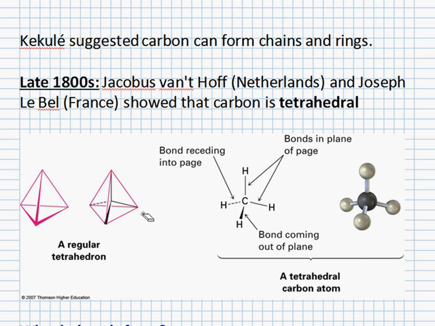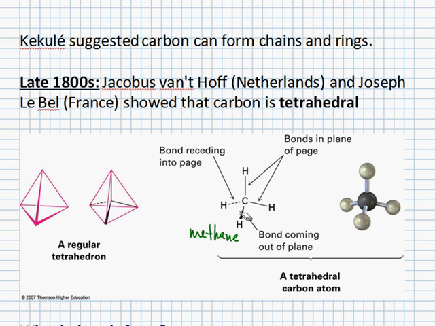The structure of methane, CH4, is actually tetrahedral. And this is how we draw a tetrahedron on a flat piece of paper. We have 2 of those lines that are within the plane of the paper. The bonds in the plane of the page are just drawn as straight, normal lines.